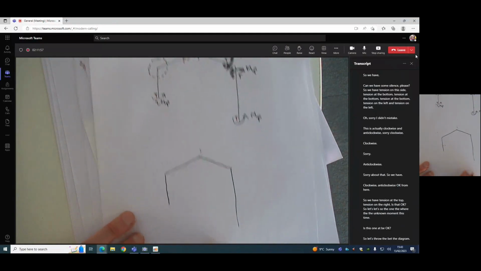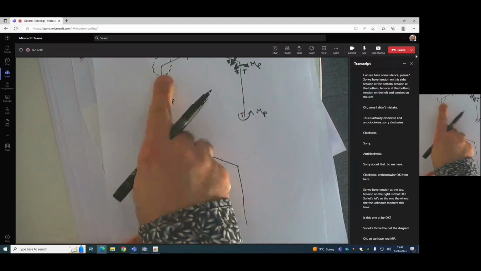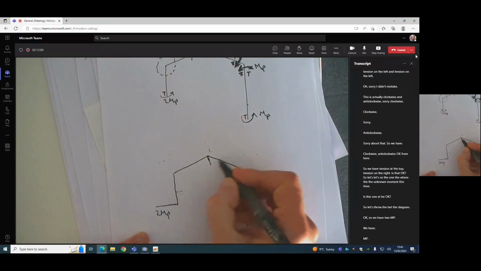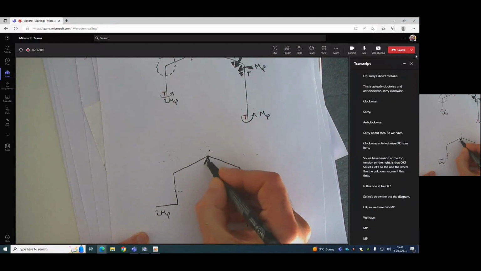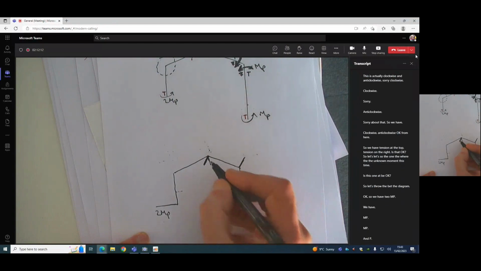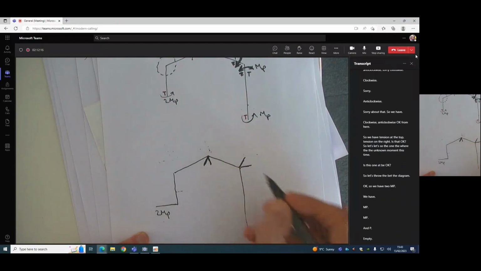Okay, so we have 2 MP, MP, MP, MP, MP, and MP.